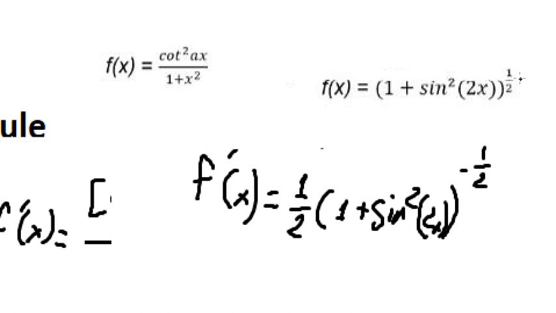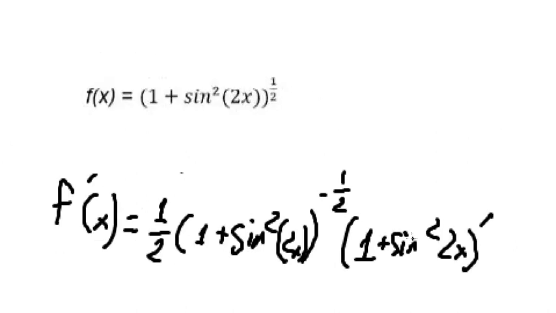Because 1 over 2 minus 1, we have negative 1 over 2. And then we continue to first the derivative of 1 plus sine 2s squared. So they should be like this.